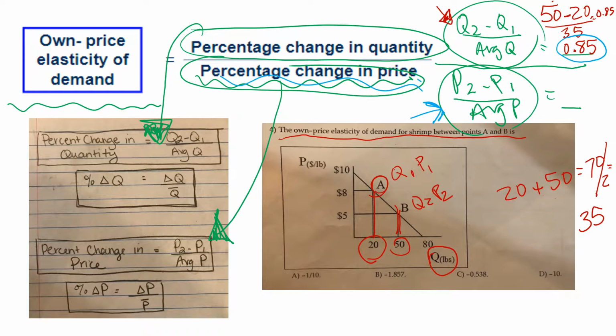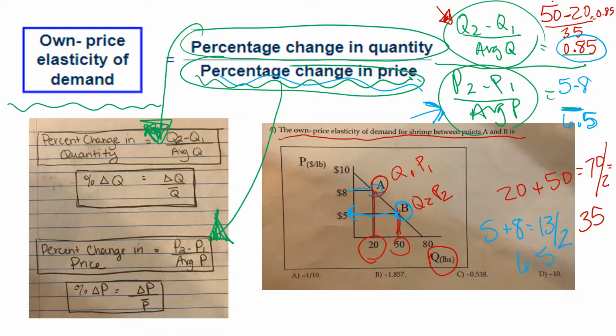So P2, price of the second option, is $5 minus P1, which is $8, divided by the average of P. So average of P, 5 plus 8 equals 13, divided by 2 to get the average is 6.5. So we're going to divide that by 6.5.